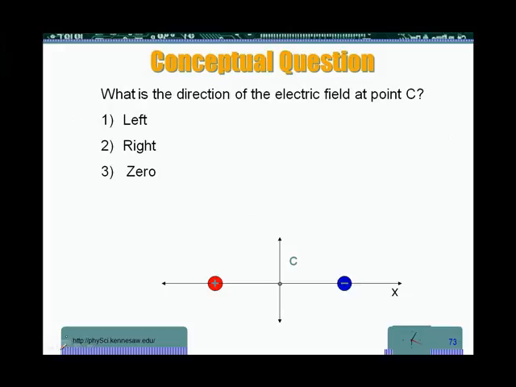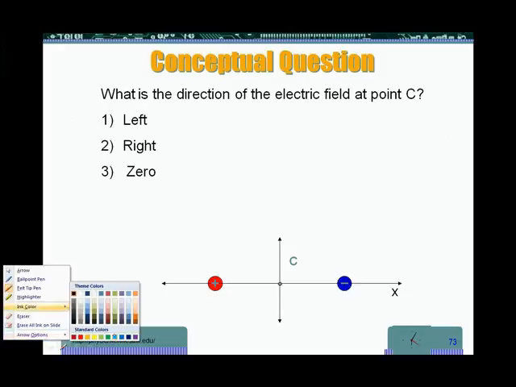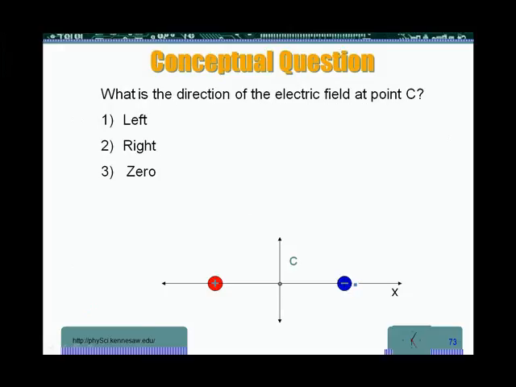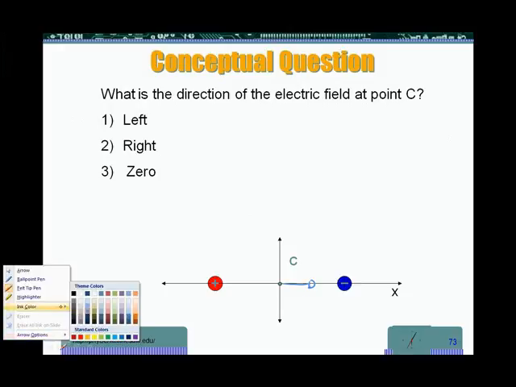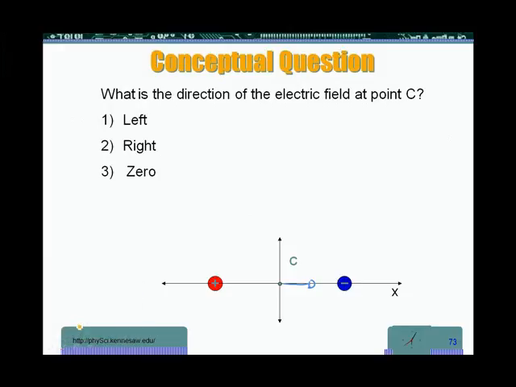So this is the electrical field due to the negative charge. For the positive charge, the electrical field is going to point away from the positive charge, and that's going to be like this.